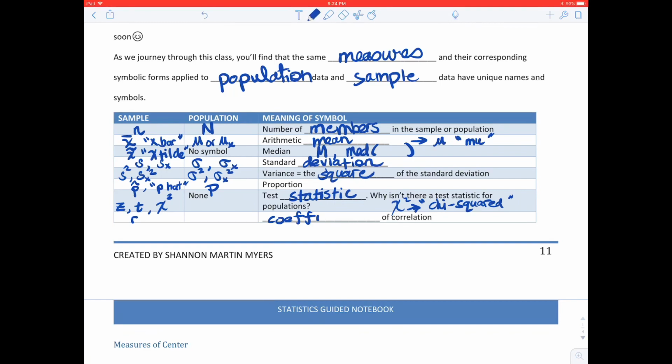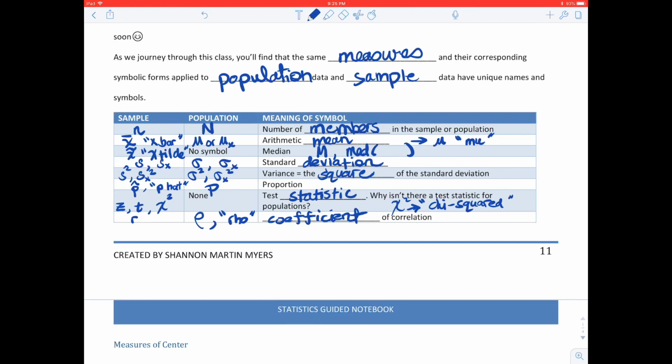And the R is from using sample data. And if you knew it exactly, you knew everything, then it would be something called rho. So this is pronounced rho. It's a Greek letter.